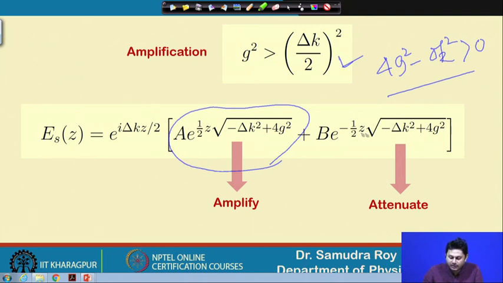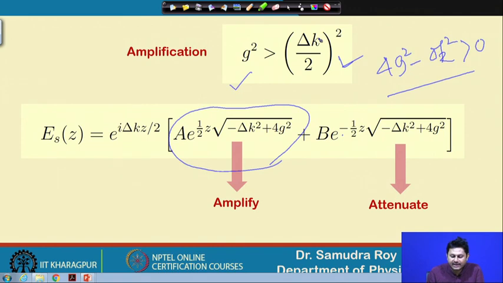This term, however, because of this negative sign, is going to die out. So, this will attenuate, but I am not going to bother about this attenuating term. The important thing is some portion of the field is amplifying. So, the condition of amplification under delta k not equal to 0 is this, which is important.